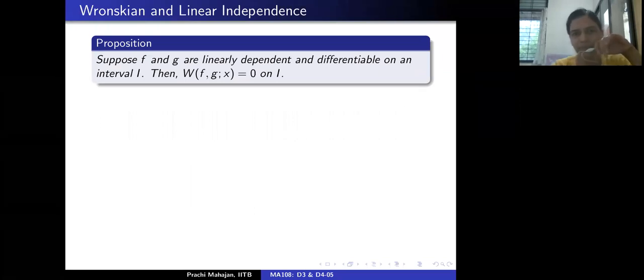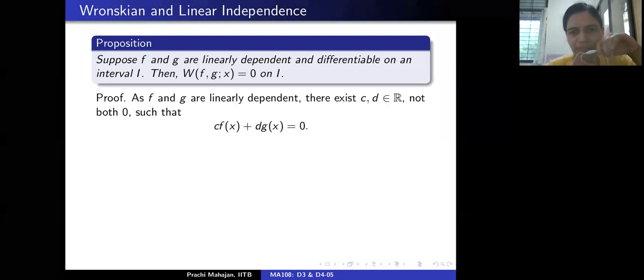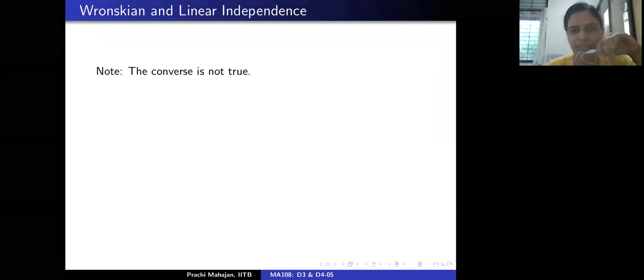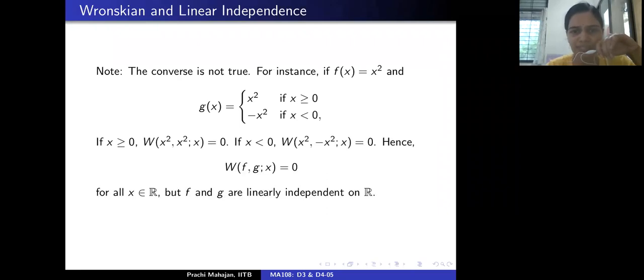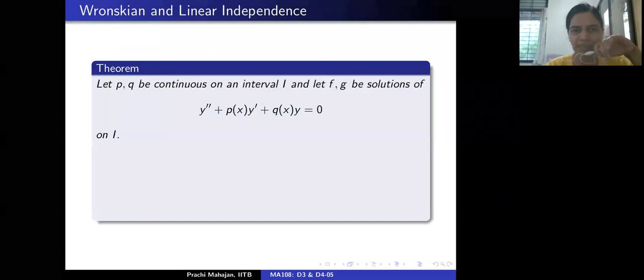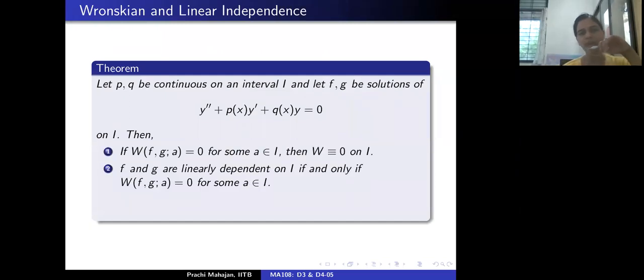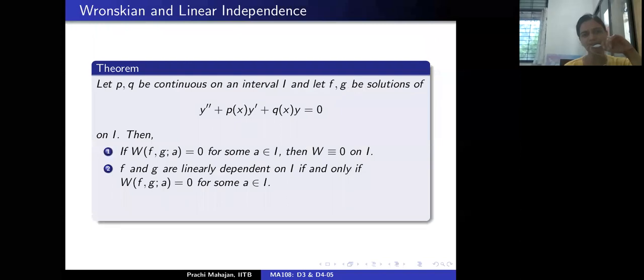What is now to be done is that the converse statement is also true if f and g are solutions of a certain second order linear homogeneous differential equation. So let's just focus on that part. Let me go back to the statement. Everybody agrees we have to prove only one part of the second part of this theorem.